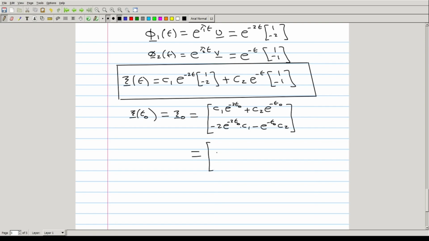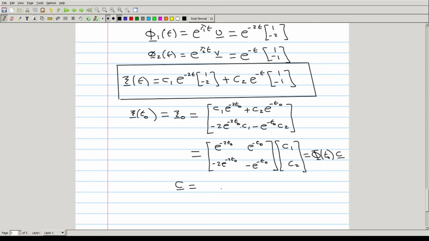Or the fundamental matrix evaluated at t naught, with entries e to the negative 2t naught, e to the negative t naught, negative 2 e to the negative 2t naught, negative e to the negative t naught, times the vector of unknown coefficients c1, c2, which is phi of t naught times the unknown coefficient vector c.